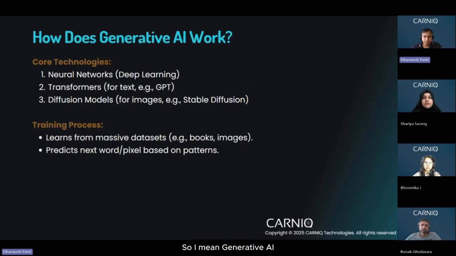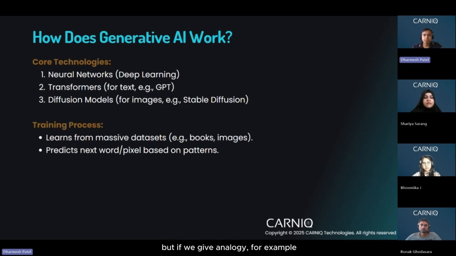Some people also say that generative AI is not really generating new content, but is utilizing existing content. Then why do we call it generative AI?